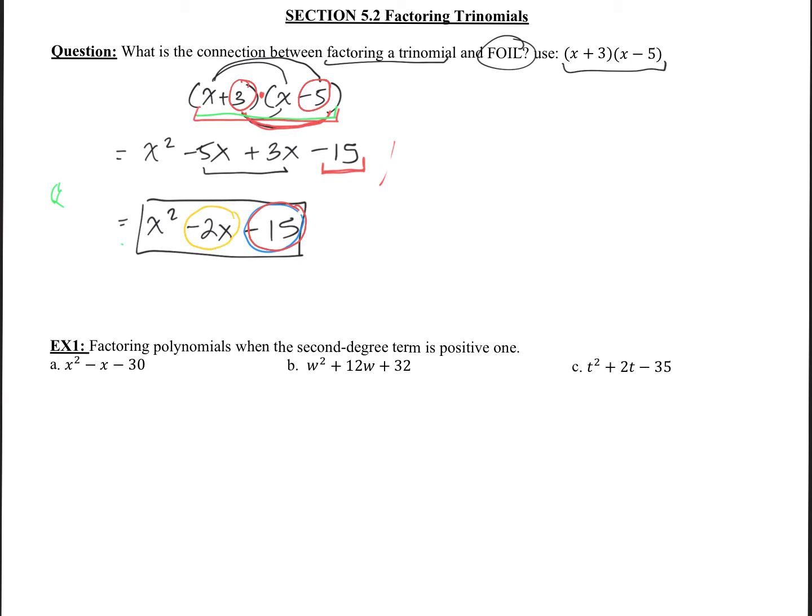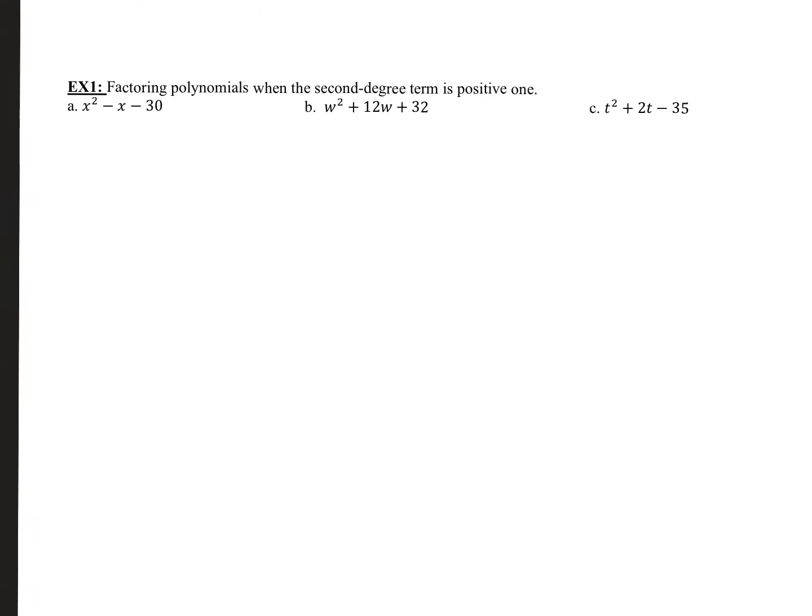That comes from the O term, so the outside, and the inside term, the O and the I, and adding them together. Okay, so that knowledge on how we do that is how we're going to go ahead and practice factoring as we go along. Okay, so just keep that in mind. I'll explain it a little further.